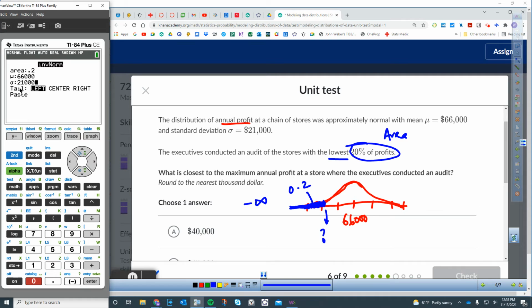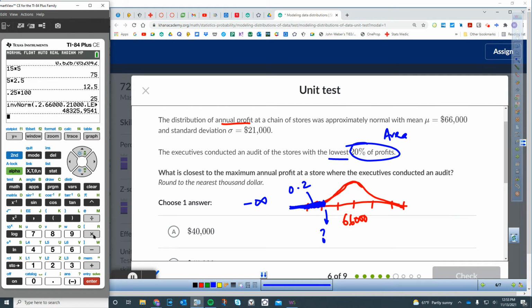You probably don't have this option, but my calculator does. So it's left, and then paste it. So this value here is 48,325.95. And they wanted to round this to the nearest thousand.